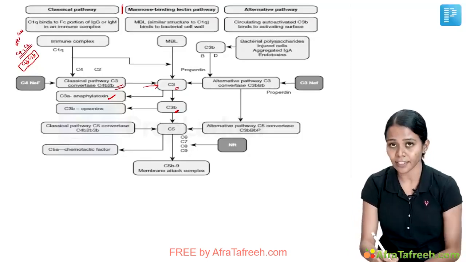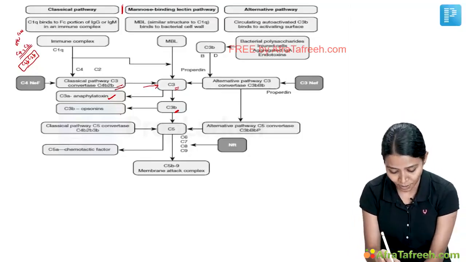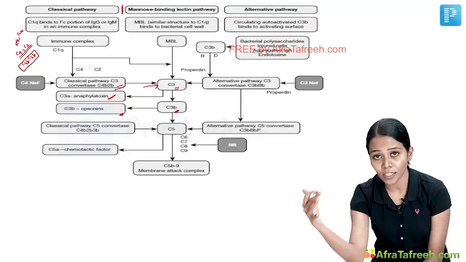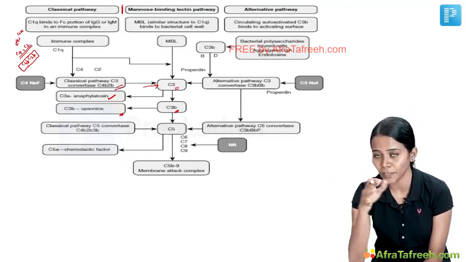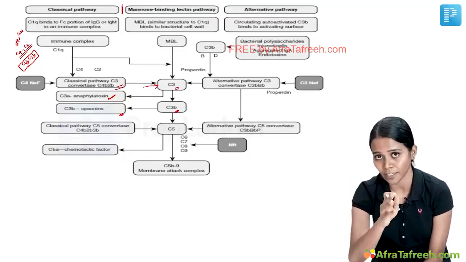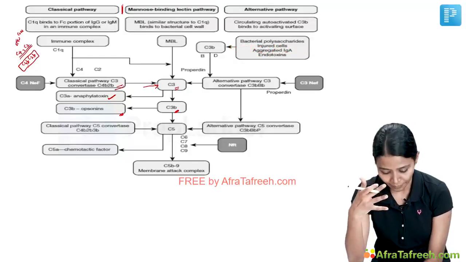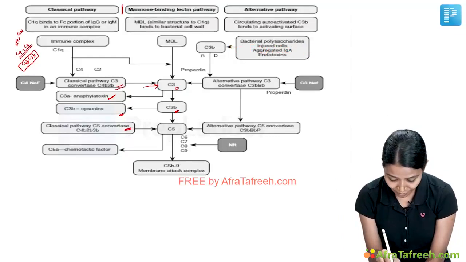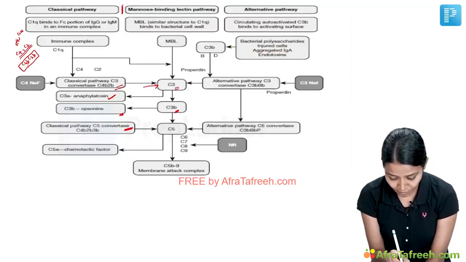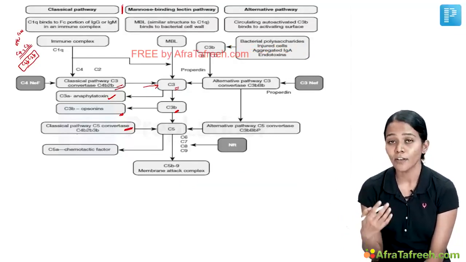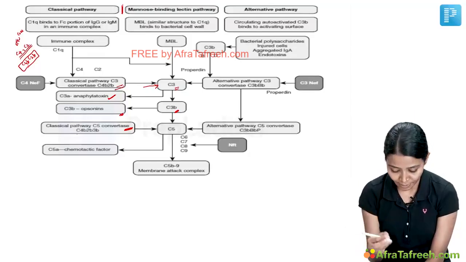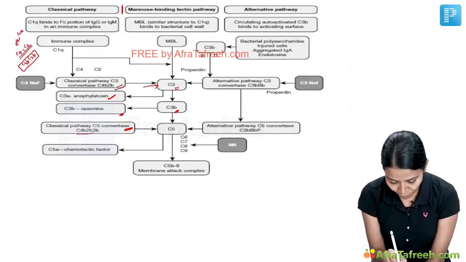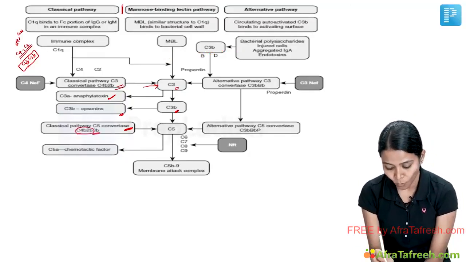First, it helps in opsonization, that is bringing other leukocytes into the area where complement is activated. The second function is it binds to the already formed C4b2b and forms a C5 convertase.